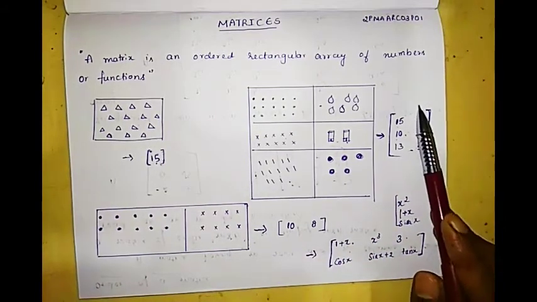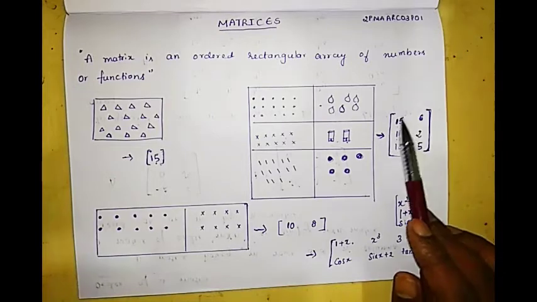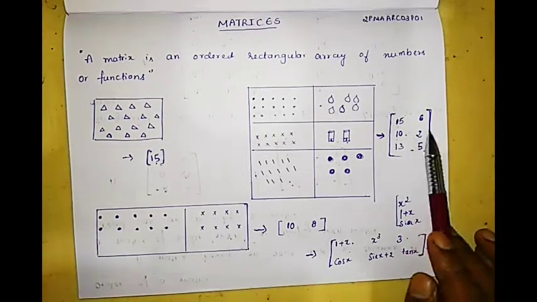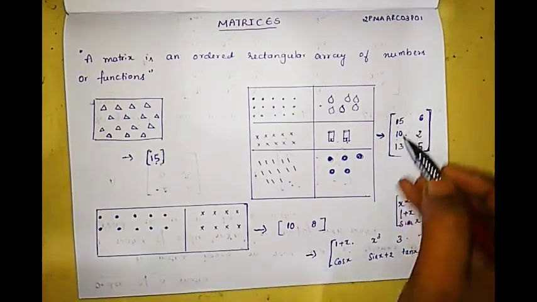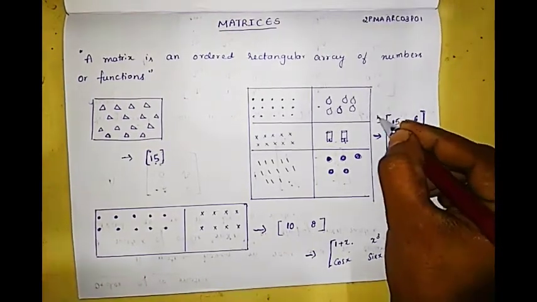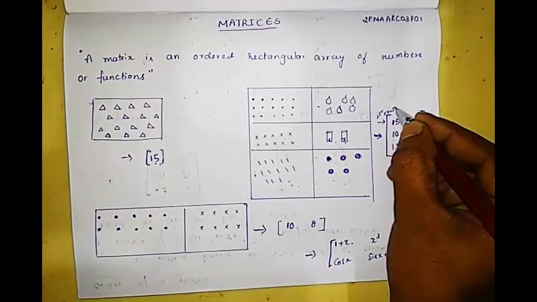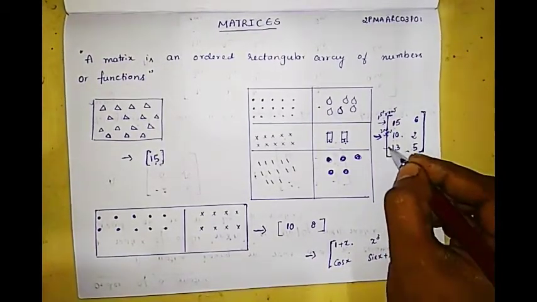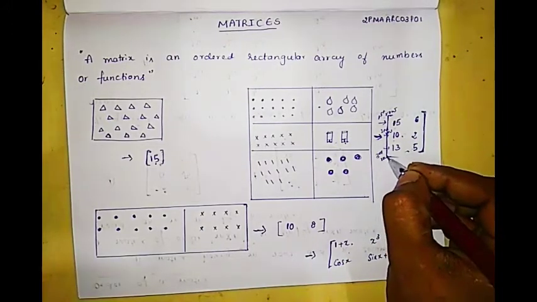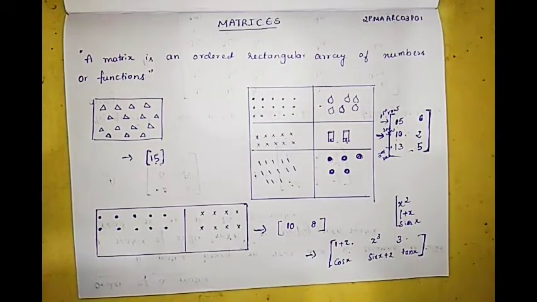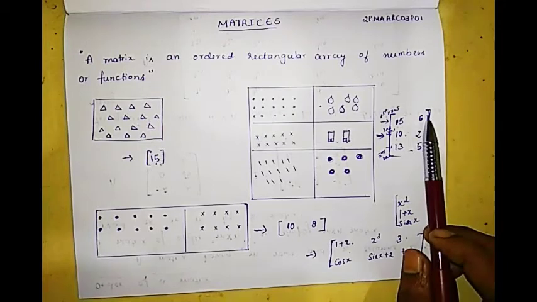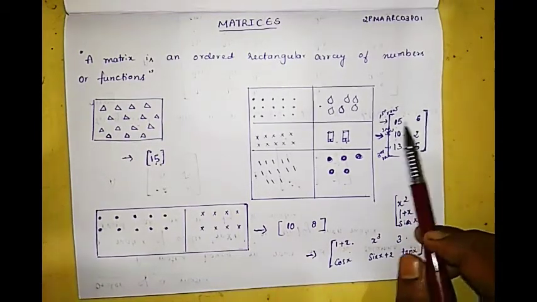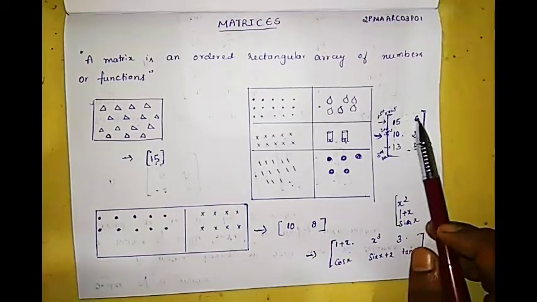And now the horizontal lines of elements are said to constitute the rows of a matrix. So this will be the first row, this will be the second row, this will be the third row. Clear? The horizontal lines of elements are said to constitute rows.